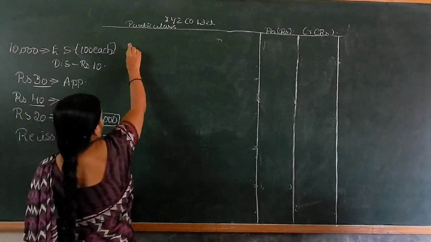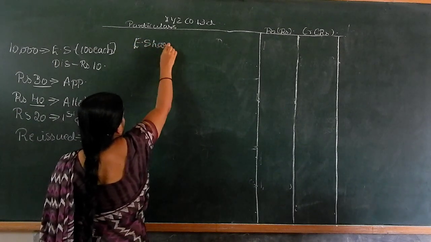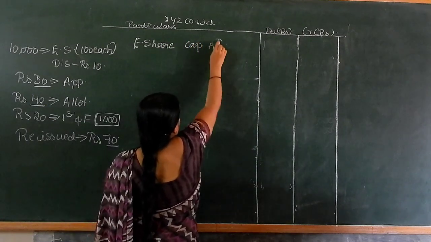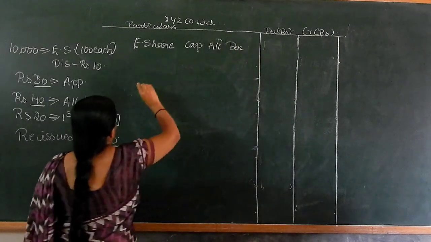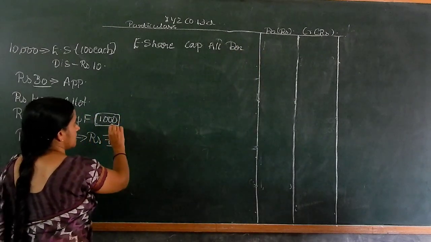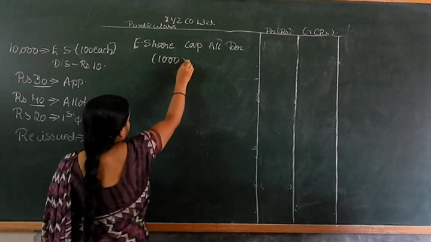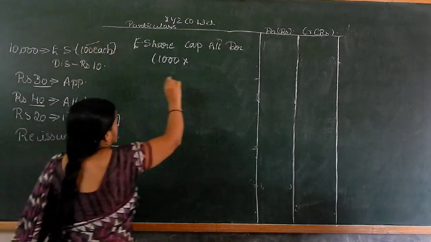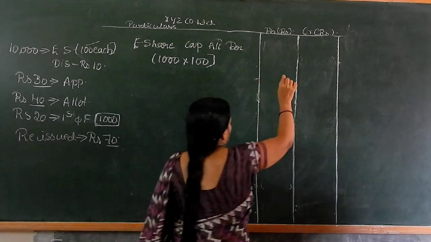So while forfeiting the shares, that is equity share capital account debtor. What is the number of shares now? Number of shares are 1,000. So 1,000 into, what is the face value of each share? That is 100 each. So 1,000 into 100, that is 1 lakh.